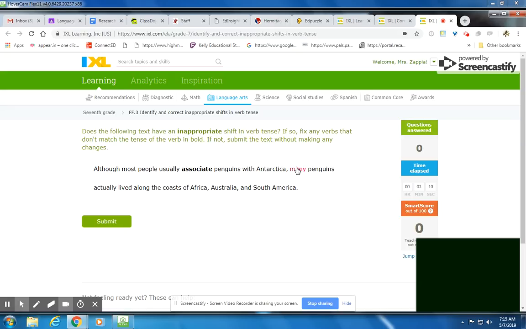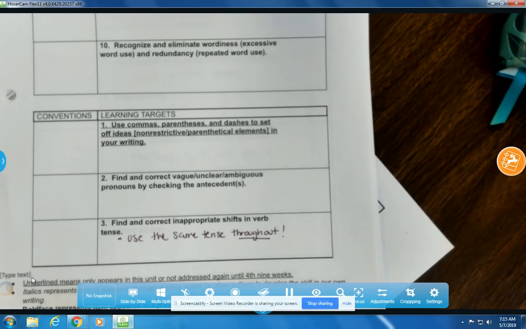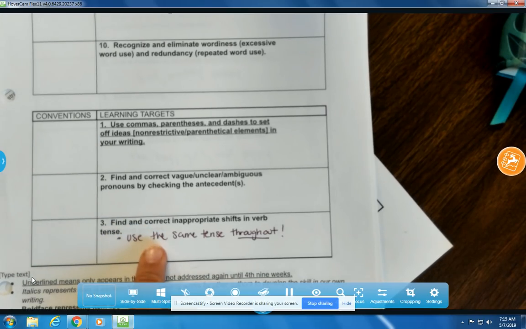Which means, because there's no extra words that are cluing us in that we're shifting time frames, like the word yesterday or in the past, that means that this should be, in fact, present tense. So make sure you're checking for your verb tense. You need to use the same verb tense throughout the piece.